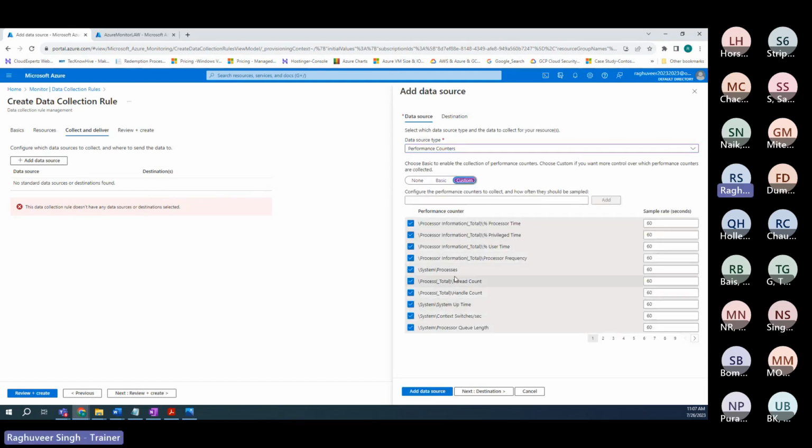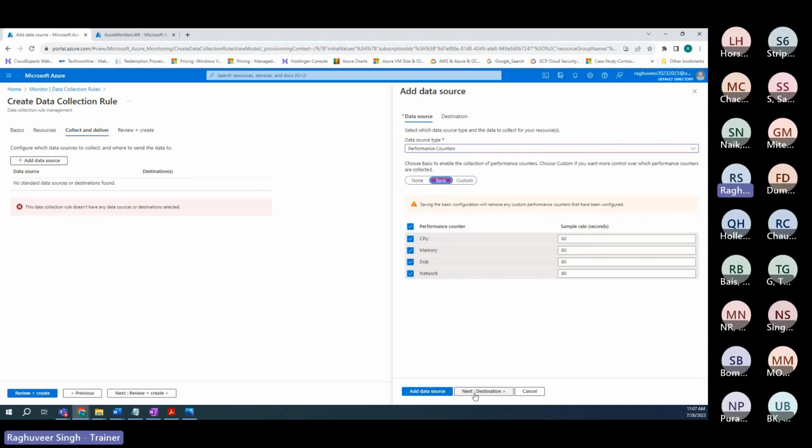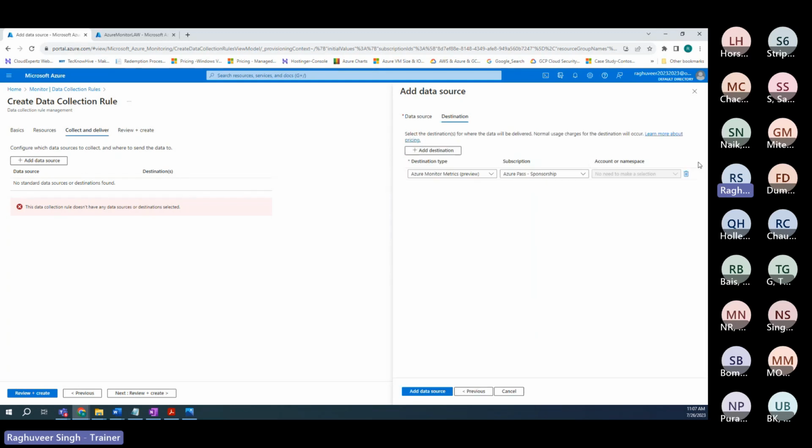I can select more performance counters, whatever I want, and I'll go to destination. Now in the destination, the workspace that I will put here will be the workspace that is primarily meant for the monitoring team, because this is infrastructure related data.